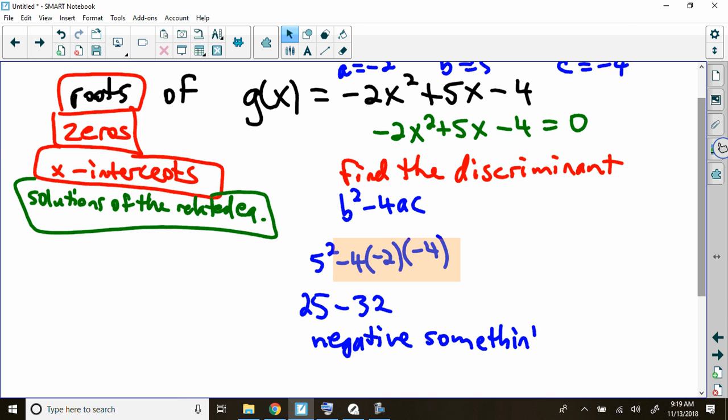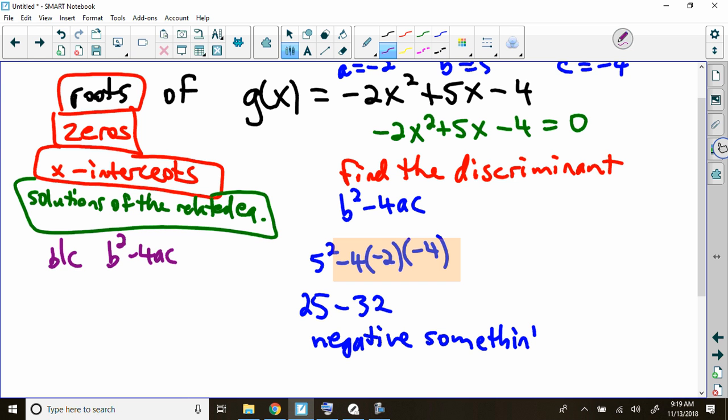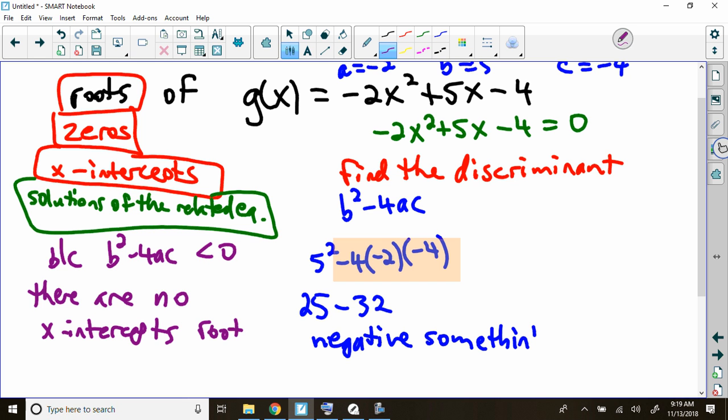No. So because the discriminant is less than 0, there are no x-intercepts. Or roots, I guess we said. Because the discriminant is negative, there are no roots. No x-intercepts. No real ones, anyway.